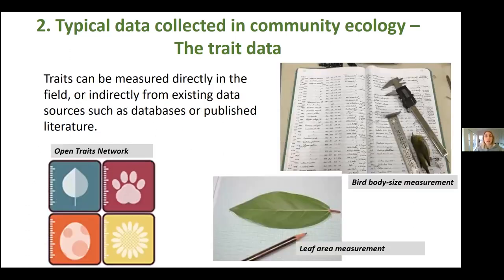The traits, we can measure them in the field, so that we measure some characteristic of the individuals that we record in the field, and then we make the species-specific averages to include in our data matrix, because remember that we cannot yet include individual level data in HMSC, but we deal with species level data.